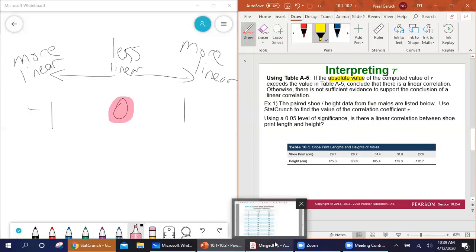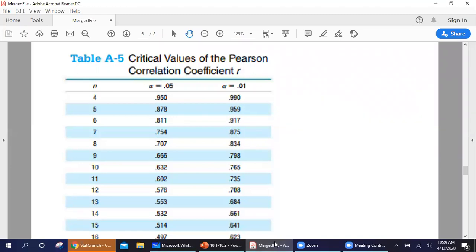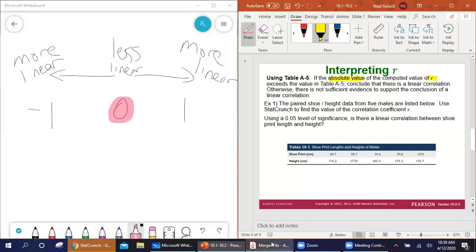So basically, I'm going to let StatCrunch calculate the value of R. If that value, or its absolute value, if it's a negative, I'll just think of it as a positive, exceeds the number in the table, whatever number I'm looking at, let's say maybe I'm looking at 0.602, if my value exceeds 0.602, I say, hey, it's linear. Basically, the numbers in this table are the minimum values that we have to exceed. So they're kind of the benchmarks.